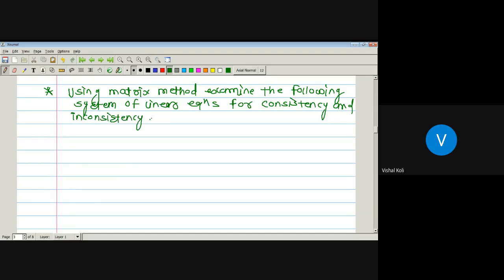Okay. So just we have to check whether the given system of linear equations are consistent or inconsistent. Okay.